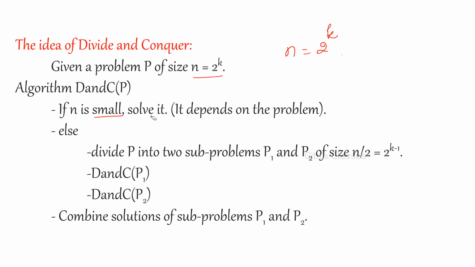Otherwise, divide. If you are not able to solve it directly, then divide P into two sub-problems P1 and P2 of size n/2. Since we assumed n = 2^k, n/2 means 2^(k-1). Generally the sub-problems are of equal size, but sometimes they may be different.